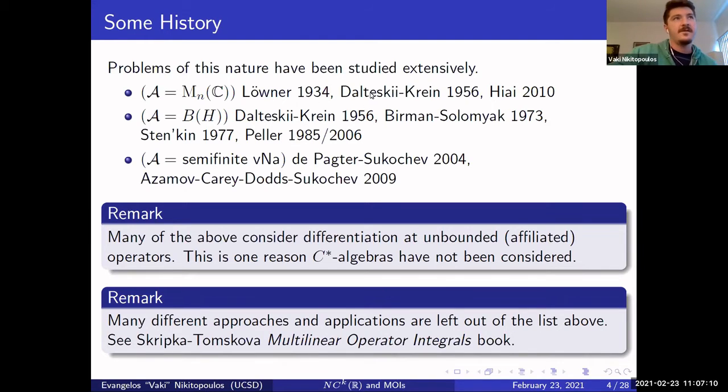Multiple operator integrals have lots of really cool applications, and there are lots of different approaches to them. And this list is not complete, even in terms of the applications to differentiating operator functions. But what I would highly recommend, if you want to learn more, is to look at the Skripka-Tomskova book, Multilinear Operator Integrals. It's a nice comprehensive survey of what's known so far.